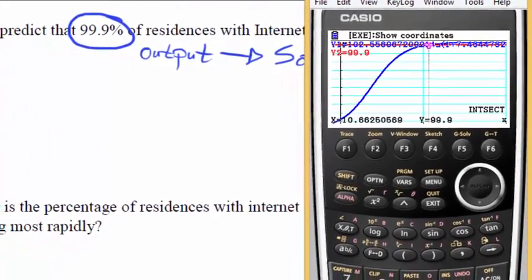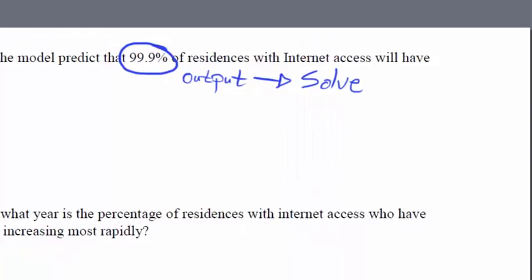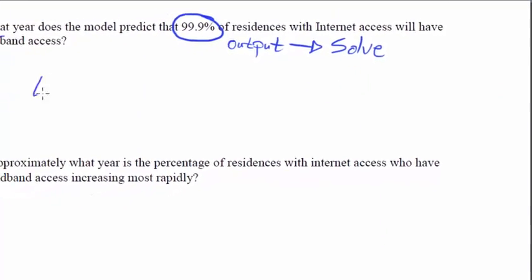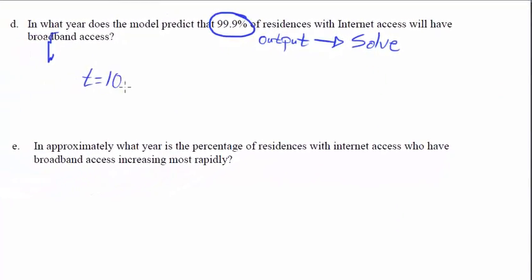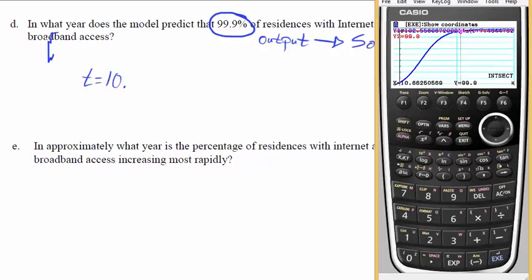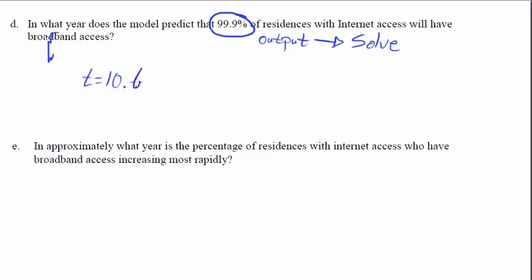I get a value here of t equals 10.663. If this is the number of years since the end of 2000, any sort of decimal would put me into 2001, so this would be sometime during the year 2011.